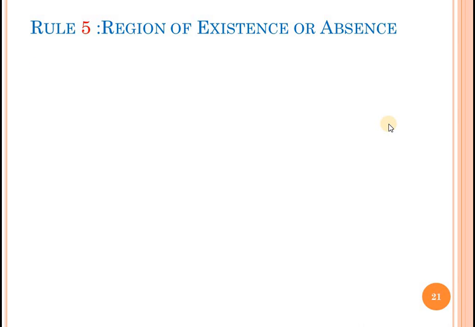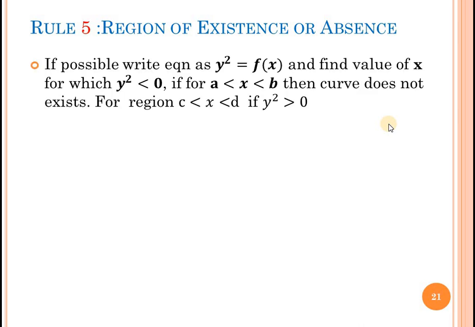Now the next point, region of existence. How do we calculate it? If possible, we write the equation as y square is f of x, and then find the values of x for which y square is negative. We know y square of any number is never negative.